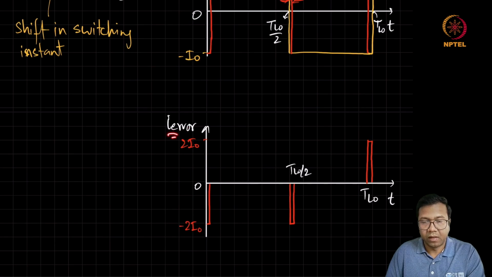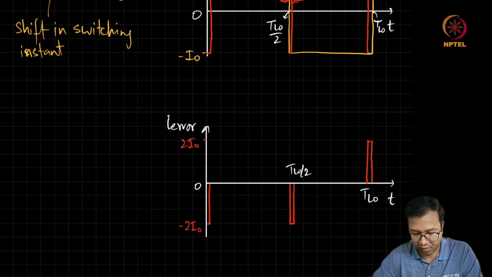We understand the effect of this I error. We can actually find what is the effect of noise on the output.